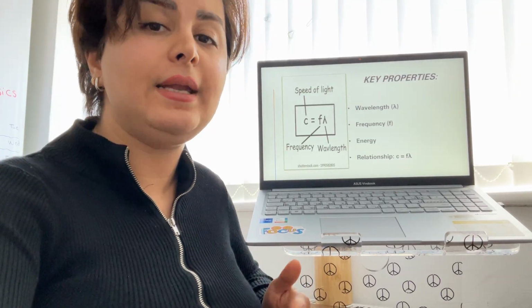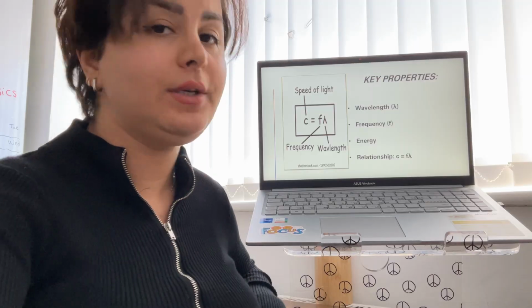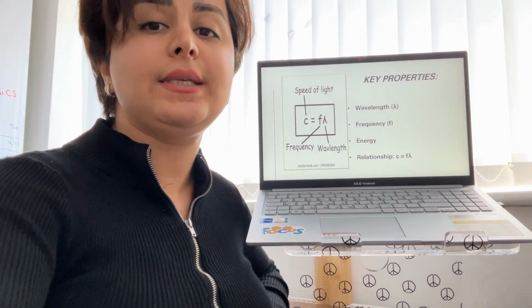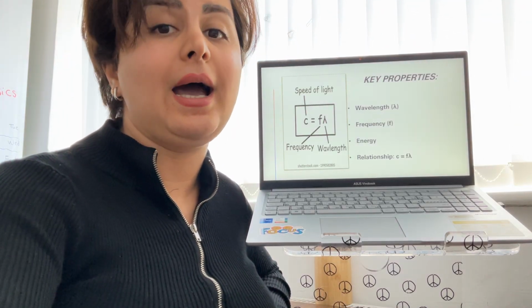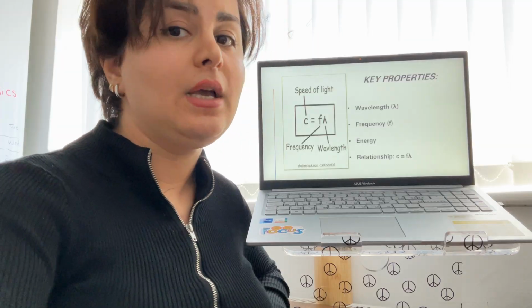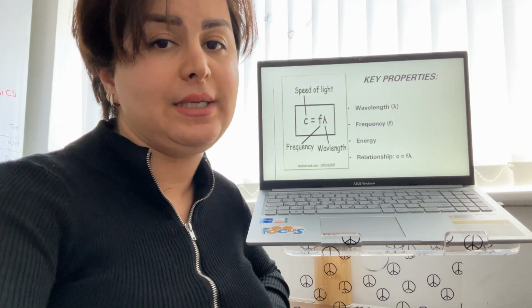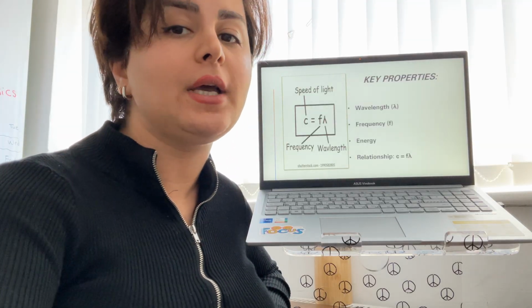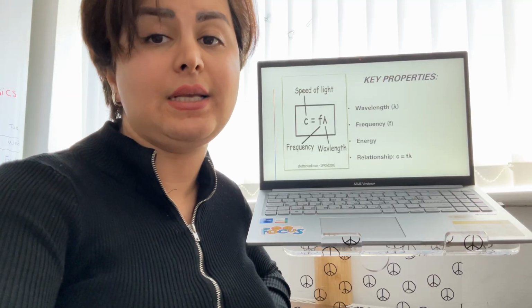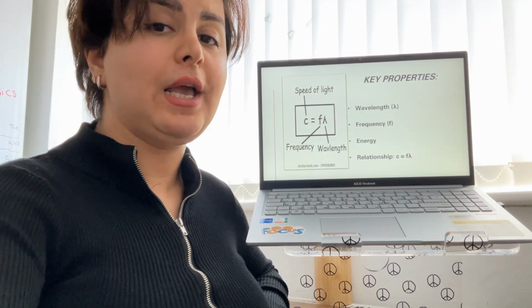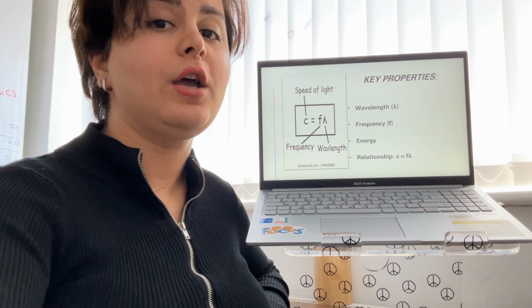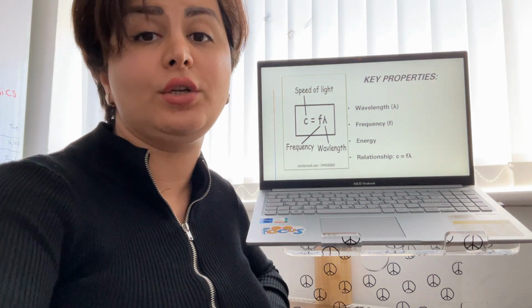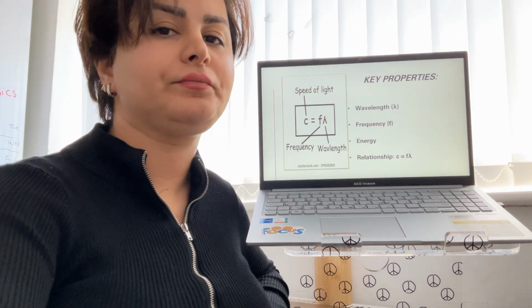These are linked by this equation. So, where c is the speed of light, as frequency increases, wavelength decreases, and the energy of the wave increases as well. So, this relationship is important when comparing different parts of the spectrum.